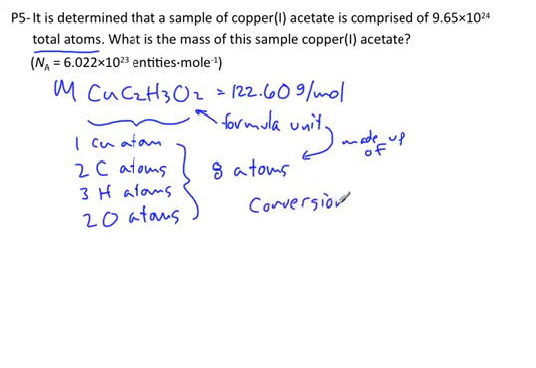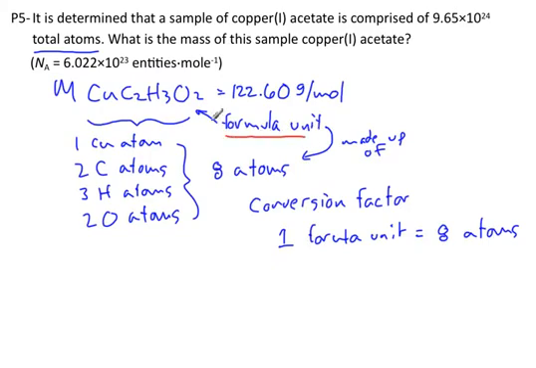The conversion factor is the relationship between 1 formula unit and 8 atoms. So our first step in this problem is to get to our chemical entity. This is the chemical entity we want to get to, and this is what we need to use to get there.